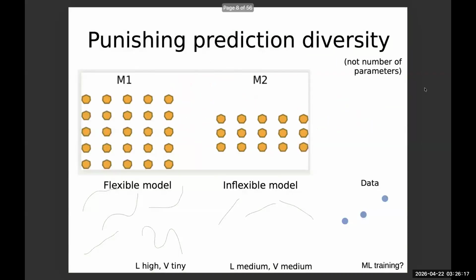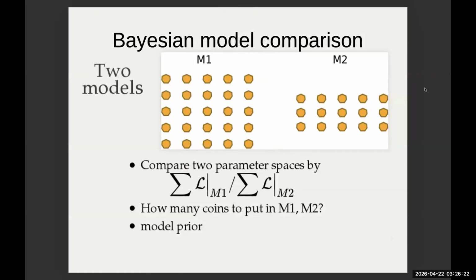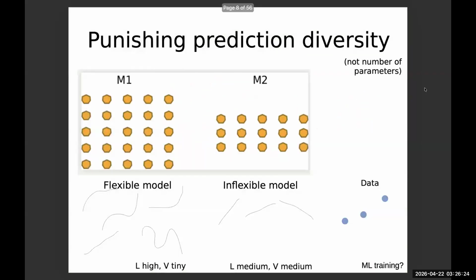But now let's look at what that does to compute this ratio of evidences. So let's say model 1 is a very flexible model, okay? Let's say you have some data points, and you have one model that's extremely flexible. It can make all kinds of shapes, okay? So you will find a tiny region in this parameter space that exactly fits your data.